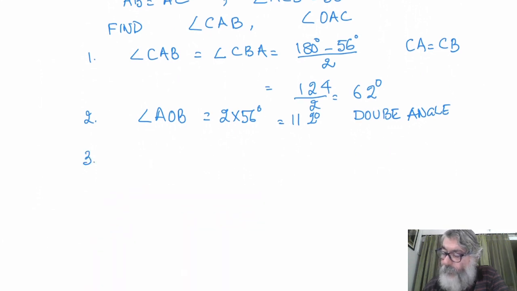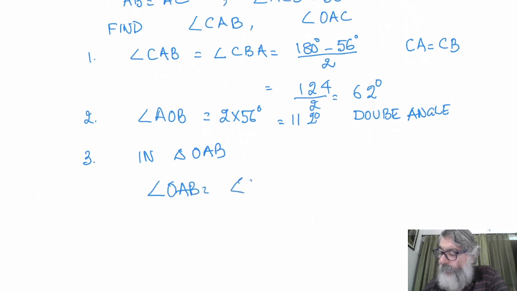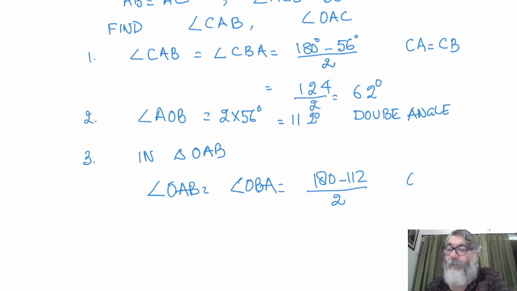In triangle OAB, angle OAB will be equal to angle OBA, which will be equal to (180 minus 112) upon 2. Why? Because OB is equal to OA, radii of the same center.